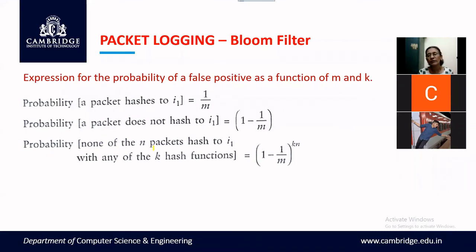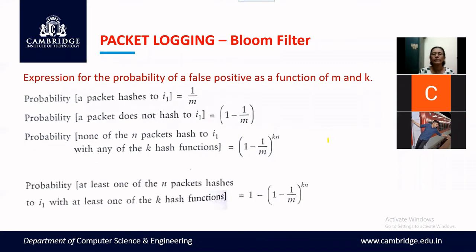Probability that none of the n packets hash to I1: we are taking k hash functions, so with n packets and k hash functions you have k into n computations. So this probability would be (1 minus 1 by m) to the power of kn.